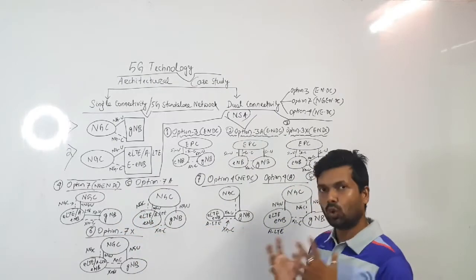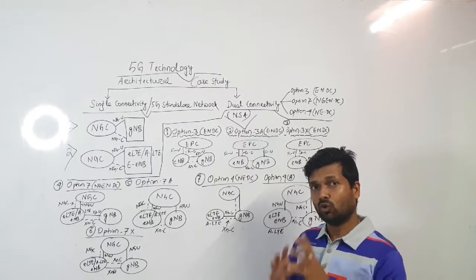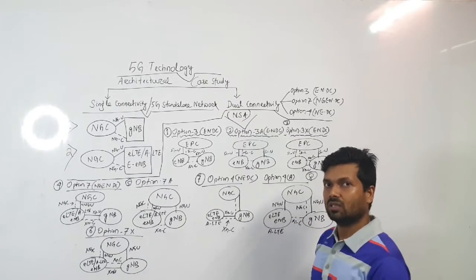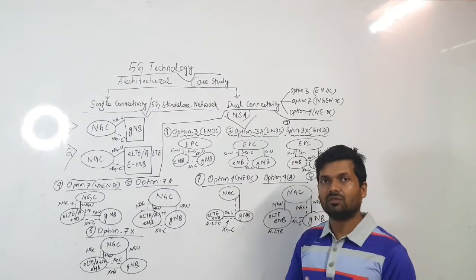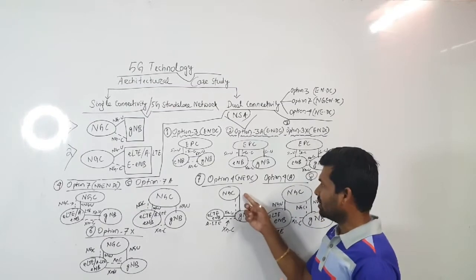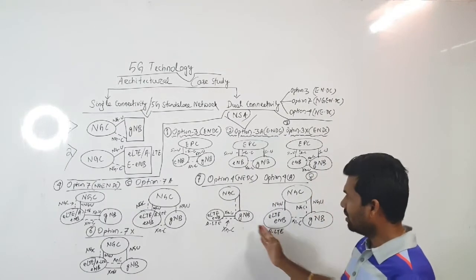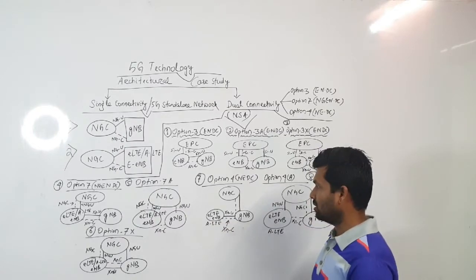Or if you're having only a new generation core, let's say some telcos coming only with a 5G network, whether it is a private network or a small network, you are coming directly as a 5G operator or 5G private network operator. Then you have the new generation core. You can go for G node B and advanced LT nodes also.